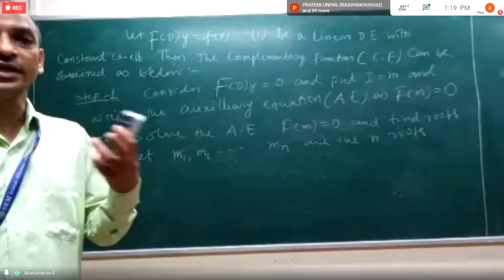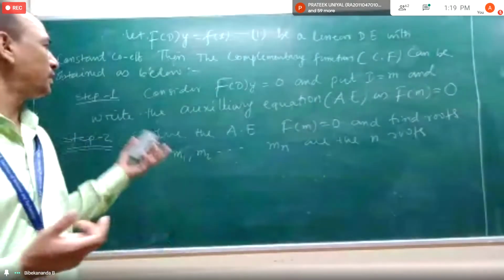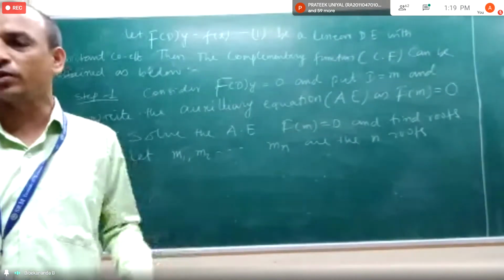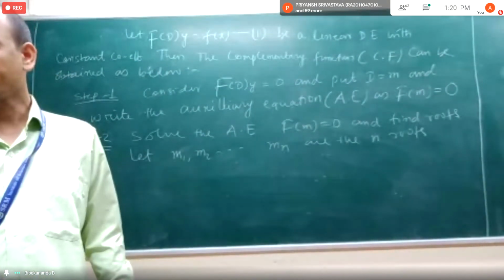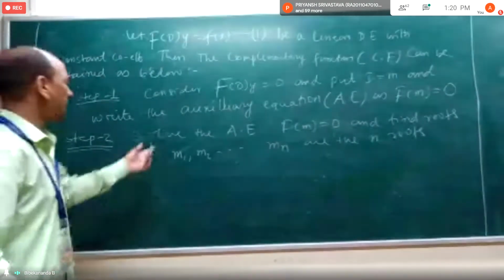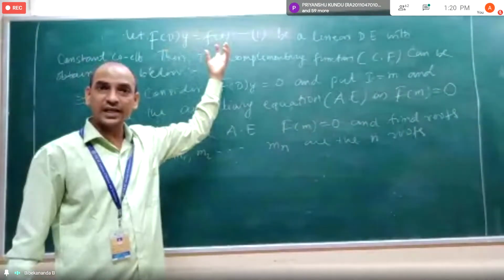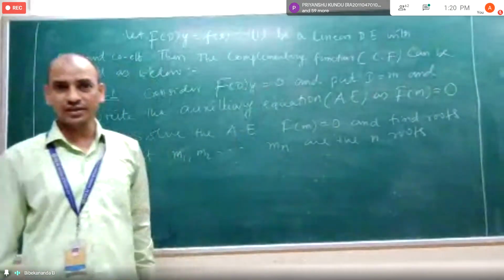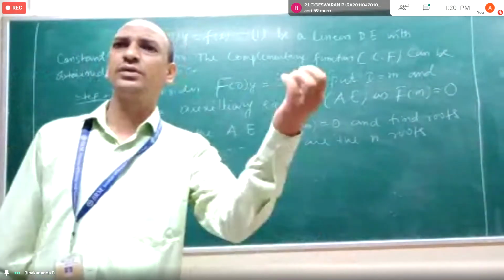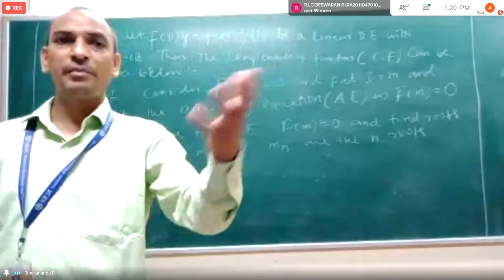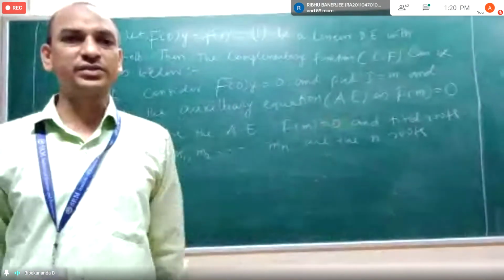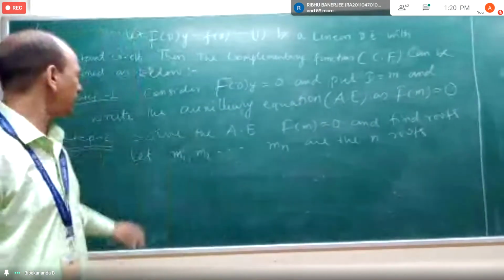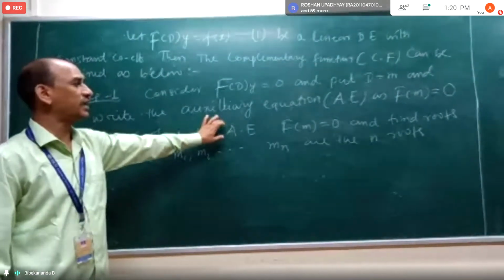If it is a third order differential equation, how many roots? 3, sir. So similarly, if I take an n degree equation, I can have m1, m2, mn, n roots. These are the roots of the auxiliary equation.